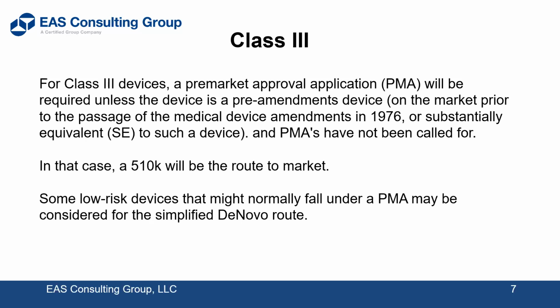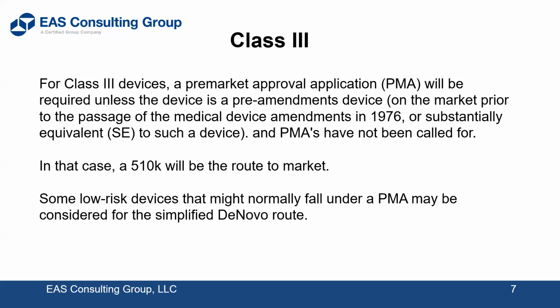Now, if you can't go the PMA route, the technology is different enough that there's no substantial equivalence out there, and your device still does not pose serious health or safety issues to a patient, you can go the de novo route. That's kind of a low-level PMA, if you will.